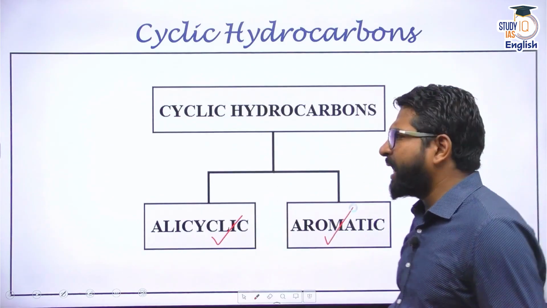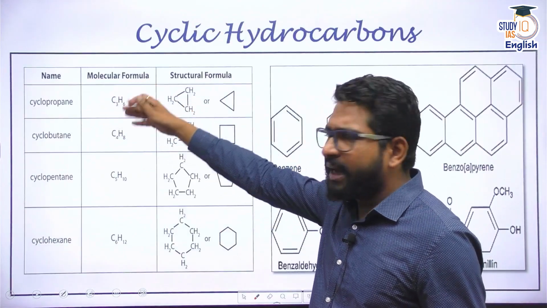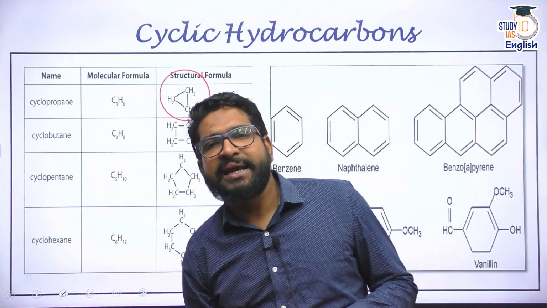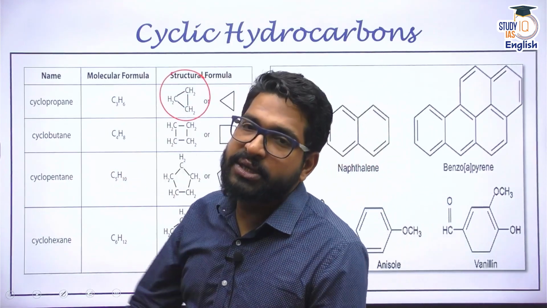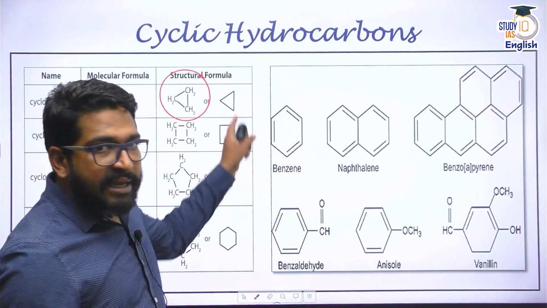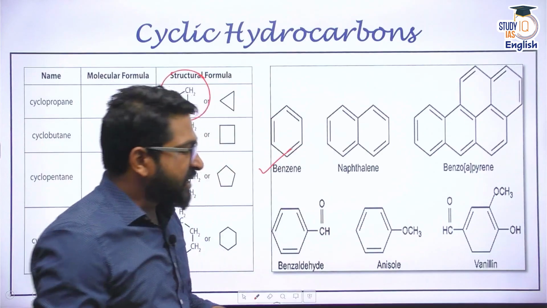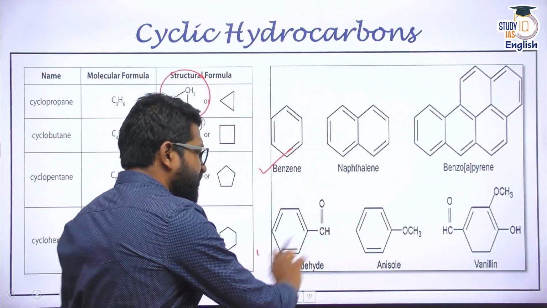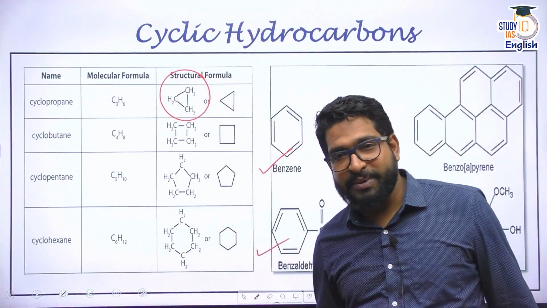Alicyclic are basically the alkanes in cyclic format: cyclopropane, cyclobutane, cyclopentane, whereas aromatic hydrocarbons are cyclic compounds of carbon and hydrogen, like benzene, naphthalene, benzaldehyde. Sorry, not acetaldehyde, benzaldehyde. All right. So this is the example of cyclic hydrocarbons.